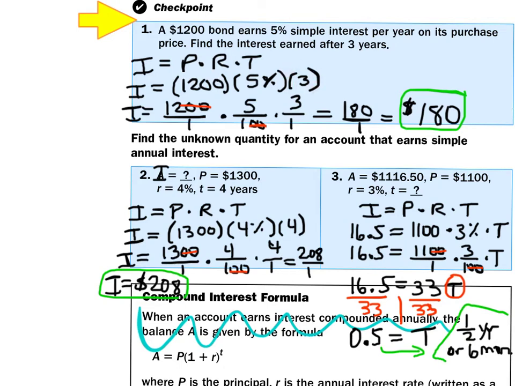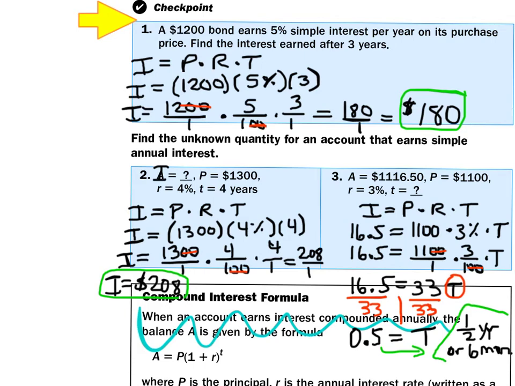All right, and now notice, see how the amount I started with was 1,200 and it ends in those 2 zeros? Anytime that happens, I do it like a fraction. So I make 1,200 look like a fraction, 1,200 over 1 times, I make the 5% look like a fraction, 5 over 100. And then I make the 3 look like a fraction, 3 over 1. And then I cross cancel, I simplify.